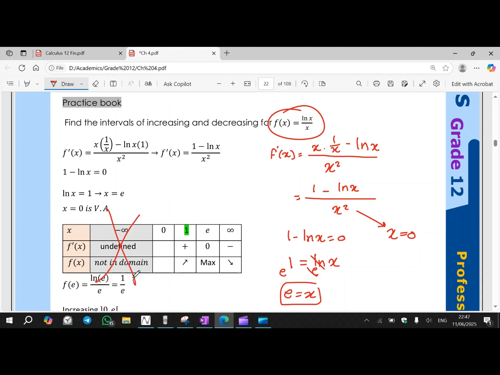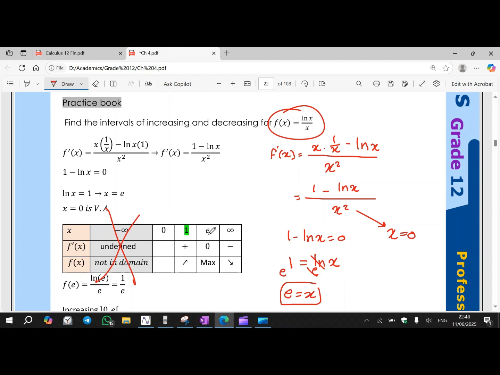The negative infinity part is not included at all because it's not in the domain. Then this graph starts from very close to 0, not 0 itself. 0 is a vertical asymptote. Okay. Then e is a critical value and it goes on to positive infinity.